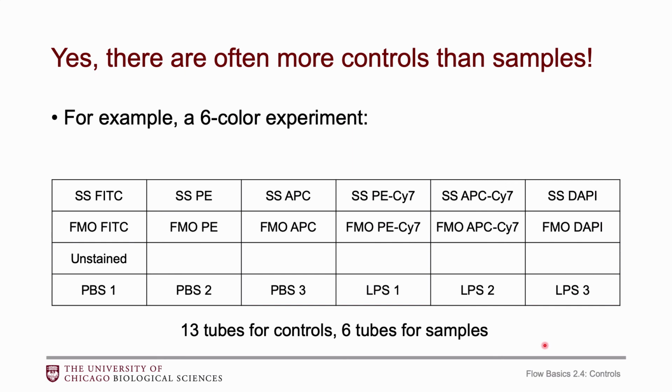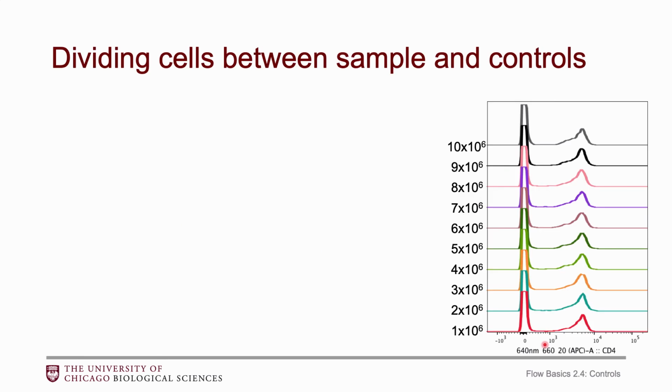And when you have so many tubes, you start to worry about how many cells you use for each of those tubes. So I also want to talk about how you might go about dividing your precious sample between all of these tubes in your experiment.